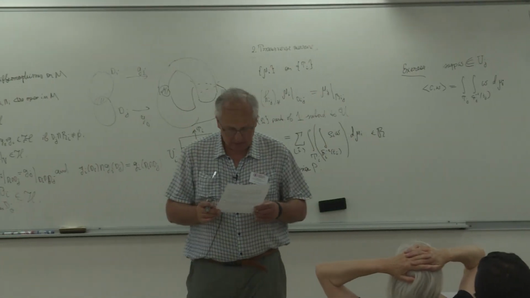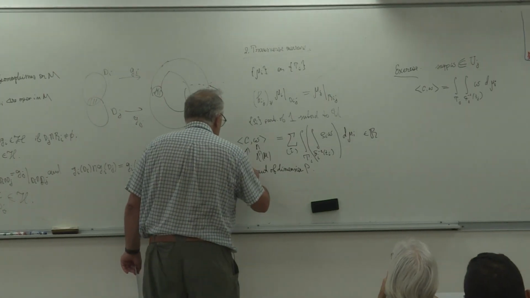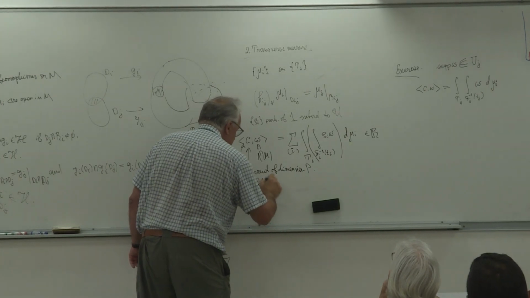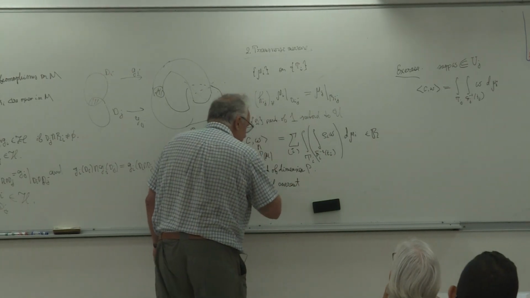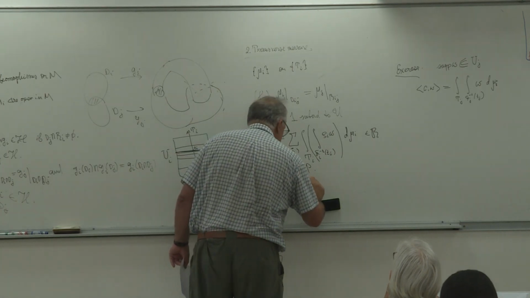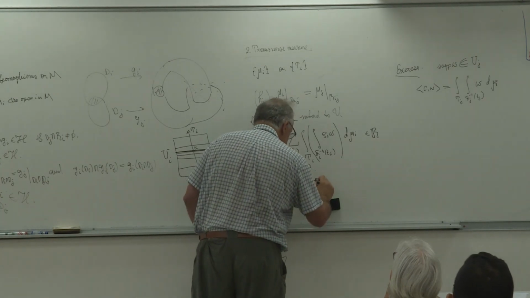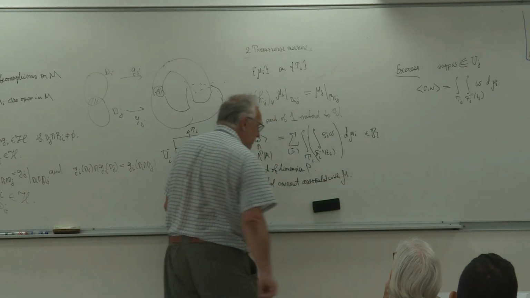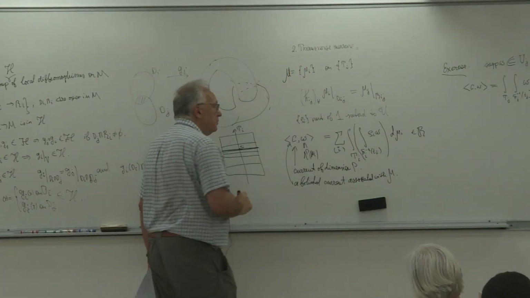And this current C is called a foliated current, not just a current, but a foliated current associated with the transverse measure, often denoted as mu.